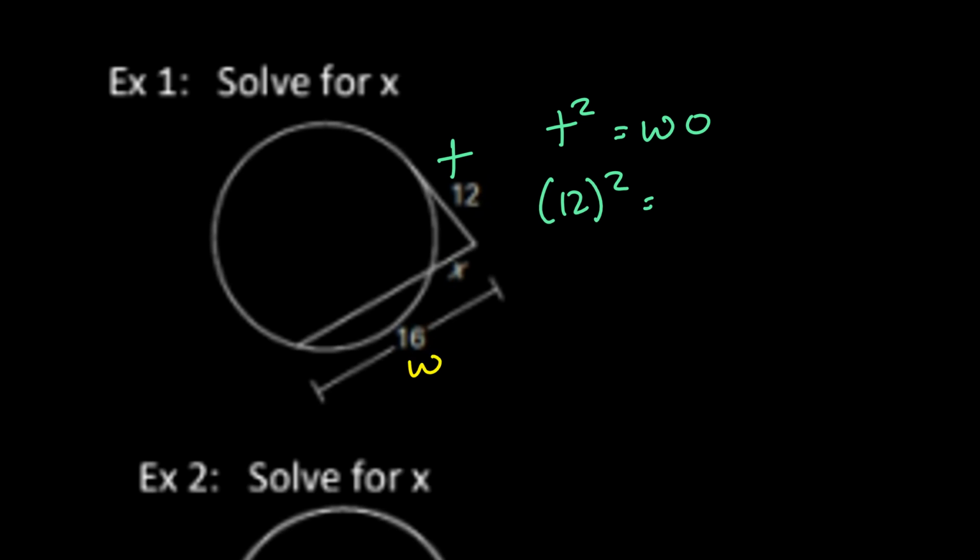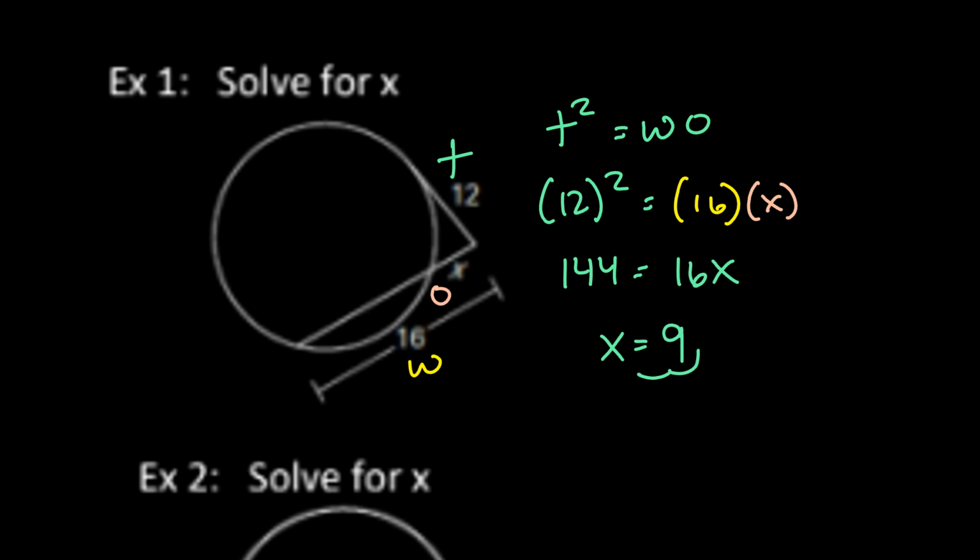And our outside? So it's going to be 16 times x, which is just 16x. And then 12 squared is 144. And we divide 144 by 16 and we get 9.